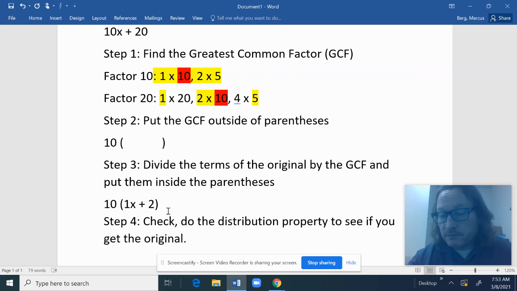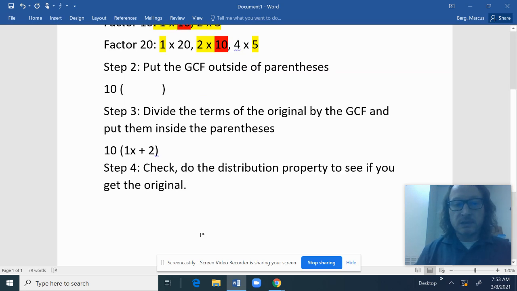This is called factored form, and this would be the answer. If it asks you to factor something, this would be the answer you would give. But I also want you to check to make sure that you're right. Don't just stop. We're going to distribute again. 10 times 1 is 10 with the x, plus 10 times 2 is 20.